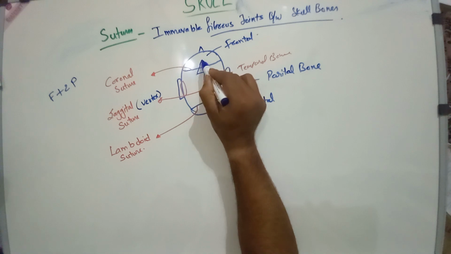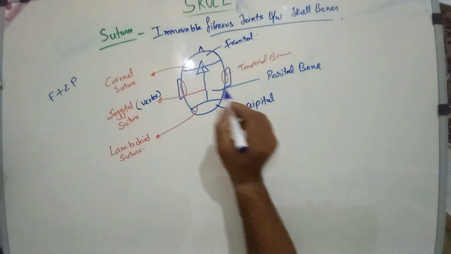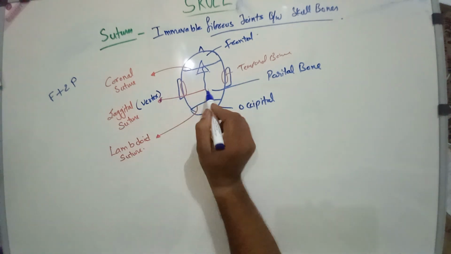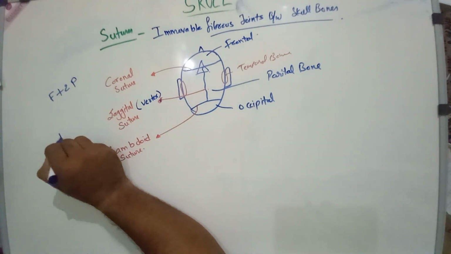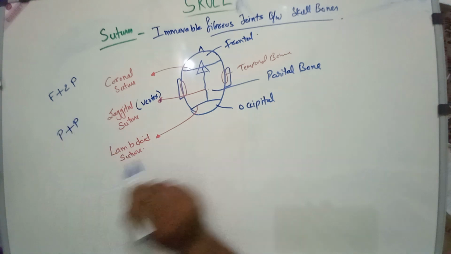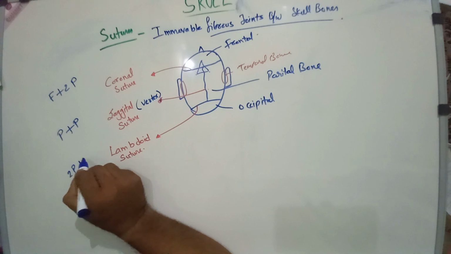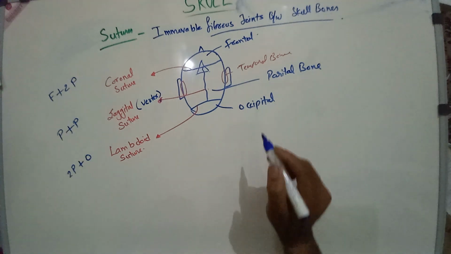Make this triangle. Why I am making this triangle, I will tell you later. This is the sagittal suture, between 2 parietal bones, and the lambdoid suture is between 2 parietal plus 1 occipital bone.